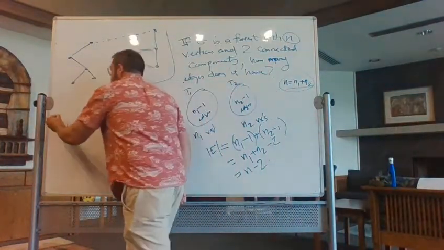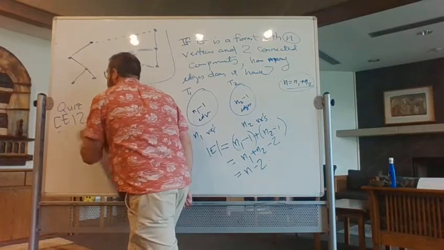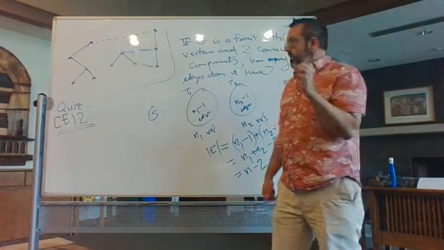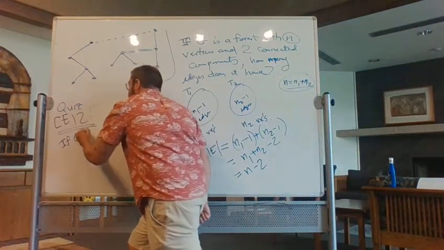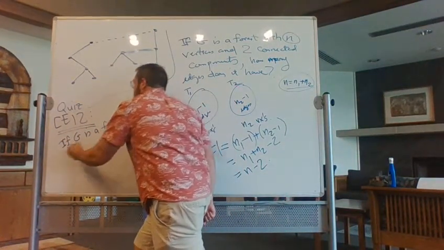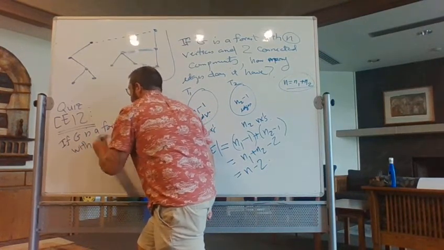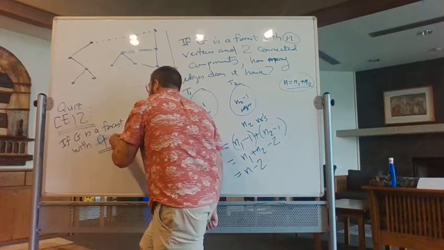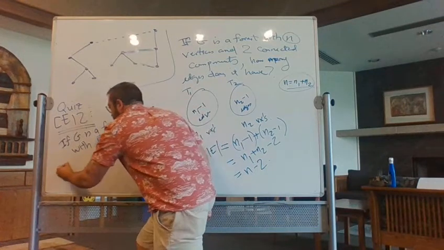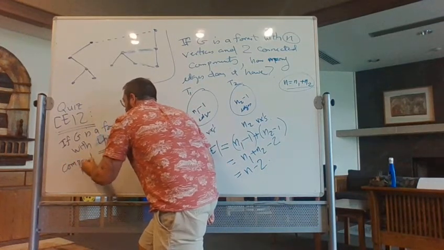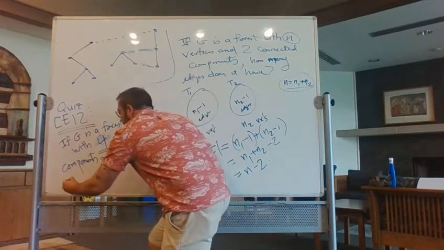So here, this leads me to your final quiz of the semester. Quiz CE12 is the following. If G is a forest with four connected components and n vertices, how many edges does G have?